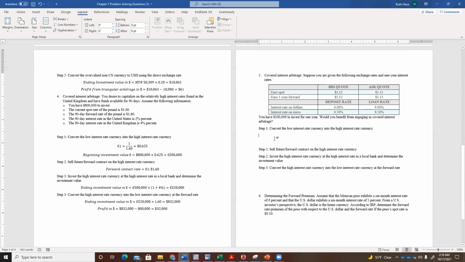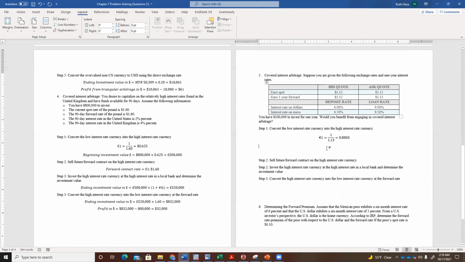We are going to buy at the ask rate of $1.13 per euro. So $1 is equivalent to 0.8850 euro. All right.